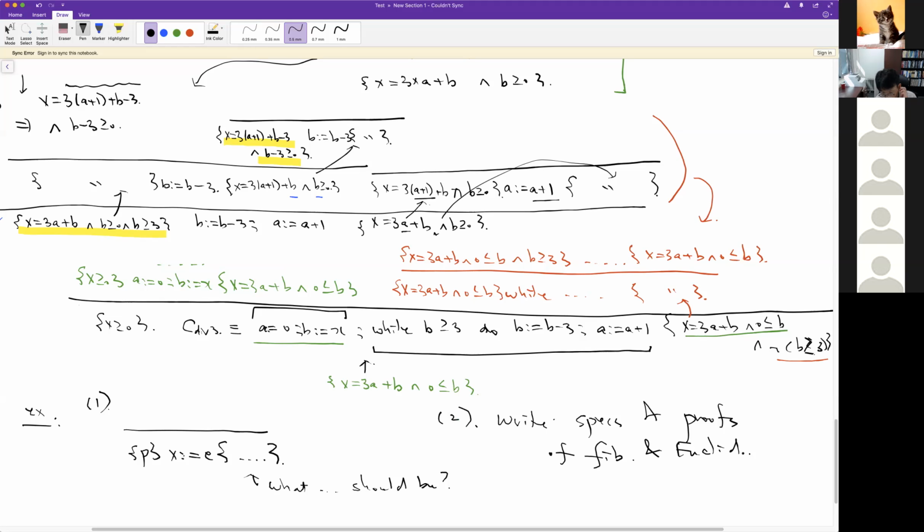Both programs you can find in the lecture notes. Actually, in the lecture notes you can also find the specifications. So try to prove correctness of those programs.